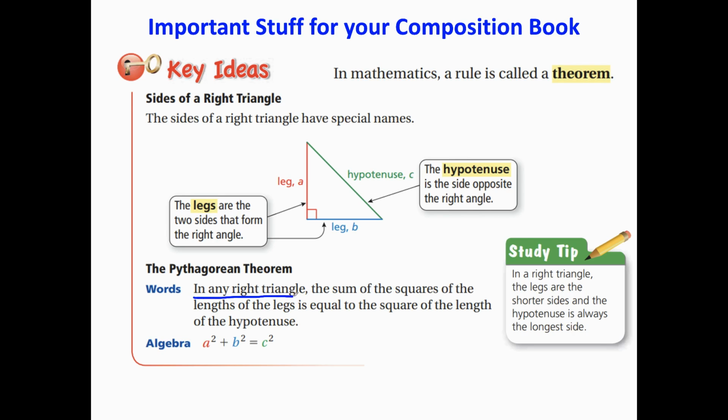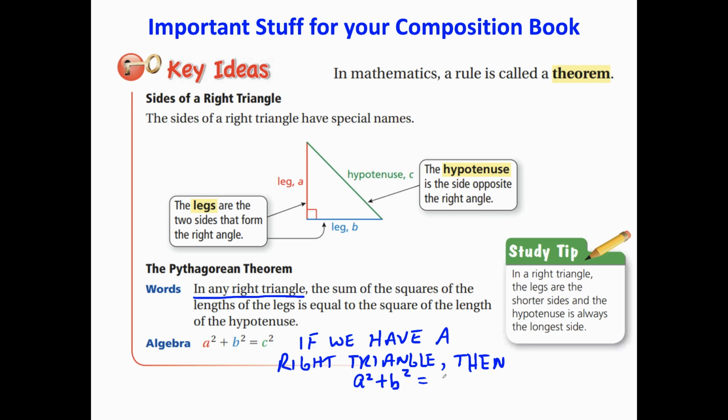In any right triangle, the way we would write it is: if we have a right triangle, then we can say that a squared plus b squared equals c squared.